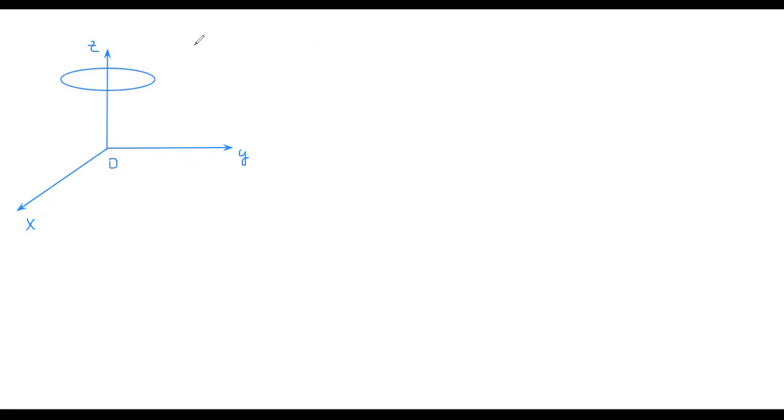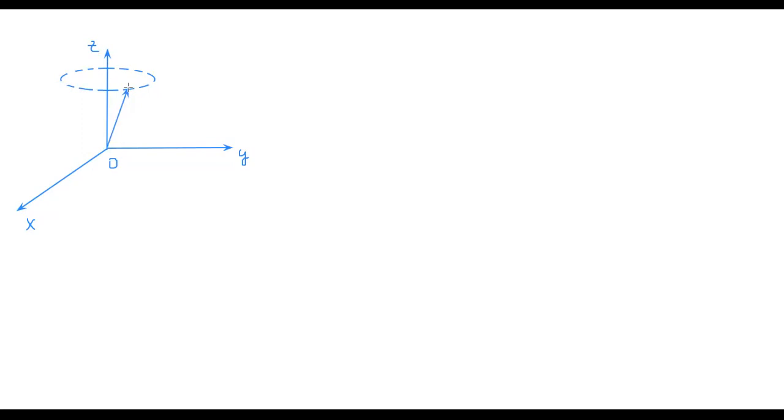I'll make it dash. The dash line is a trajectory of one chosen point of a rigid body.